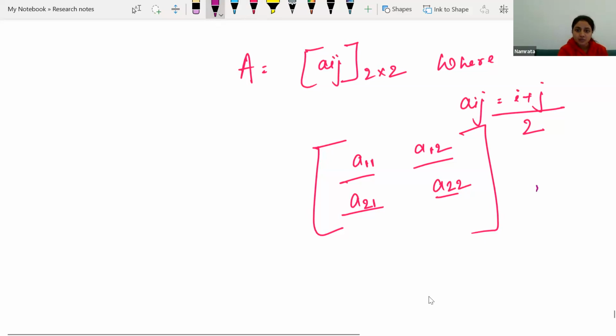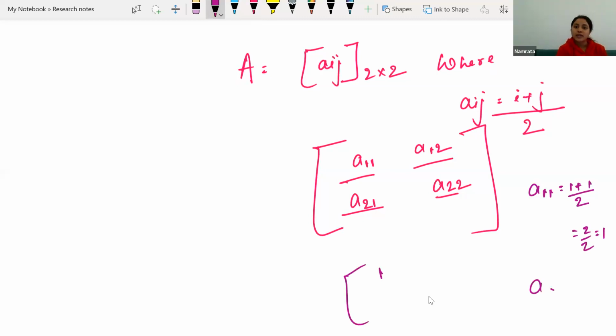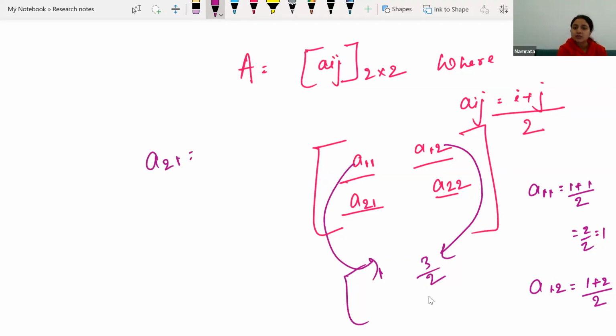So a11 will be 1 plus 1 by 2, that means 2 by 2, that means 1. Now a12 will be 1 plus 2 by 2, that means 3 by 2. a11 became 1, a12 became 3 by 2. Similarly, we will find a21. You can see this relation is given; I am just putting the value of i and j.